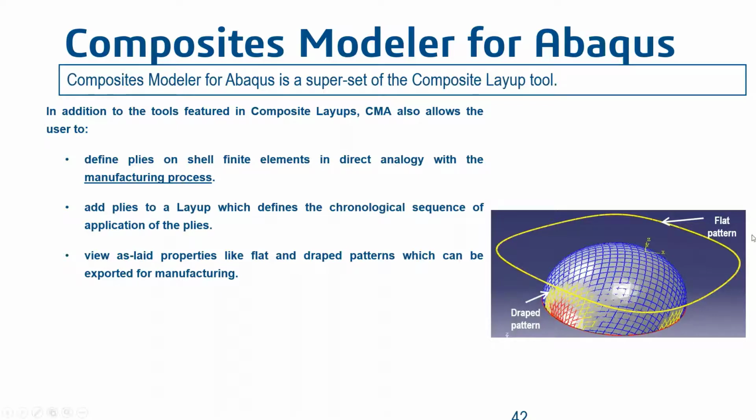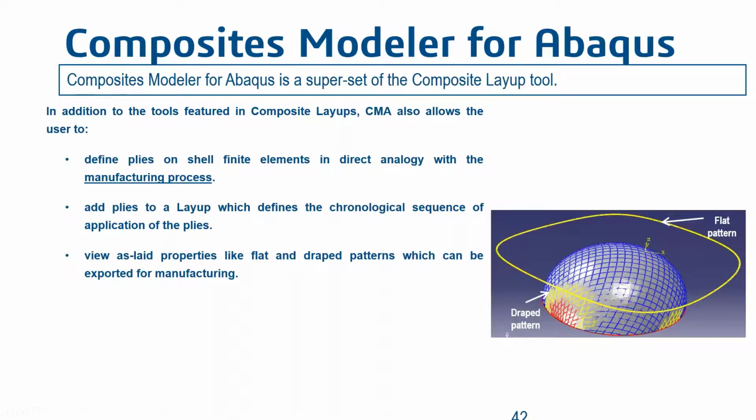So basically we can start building. We have the geometry depicted with a hemisphere here. We can take into account how the textiles in a composite would react to the draping that would occur during simulation.